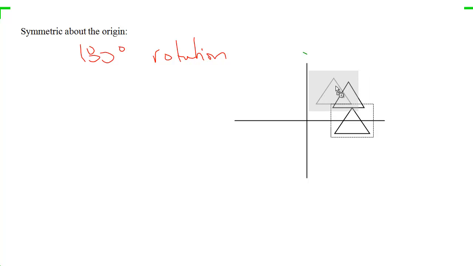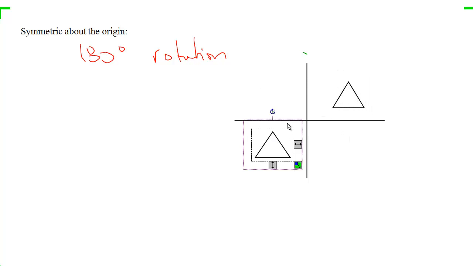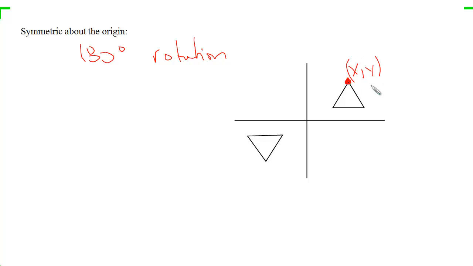This is actually going to come down here, but it would be shifted around like that. And that would be symmetrical about the origin. There's a little bit more of a technical definition to it, but literally it is a 180-degree rotation about the origin. And if you recall some of your rules in geometry, the xy coordinate becomes a negative x, negative y for every point on that figure. And the same holds true when we're talking about graphs of functions or others.